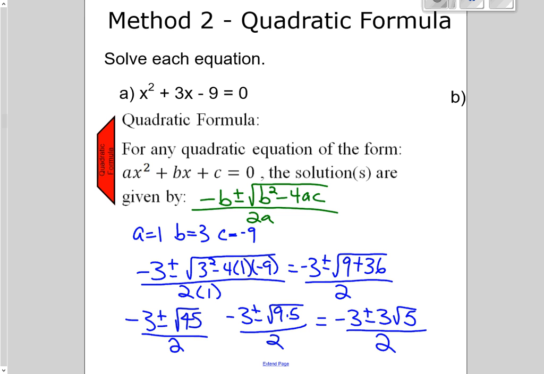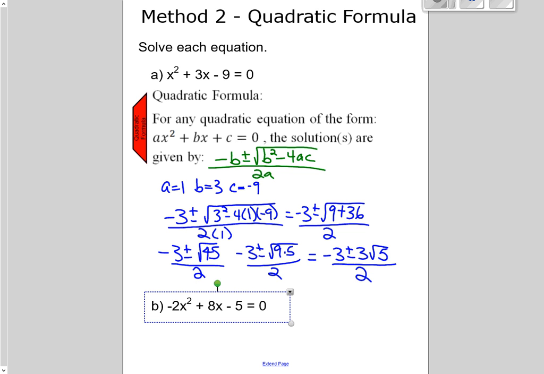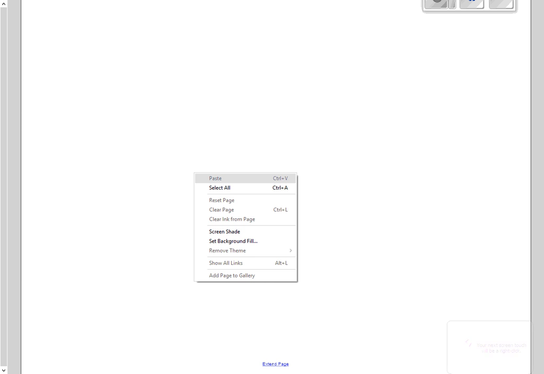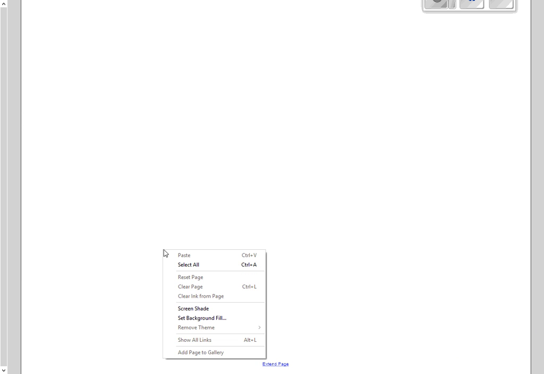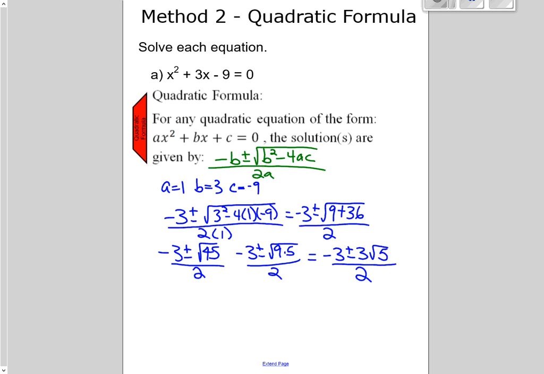Okay, let's try one more. So let's say this one. I'm actually going to cut this and put it on a new page so that we have room to see it. Oh, did it work? Just a sec. Let me go back. Oh, and now I've lost it. That's not good.